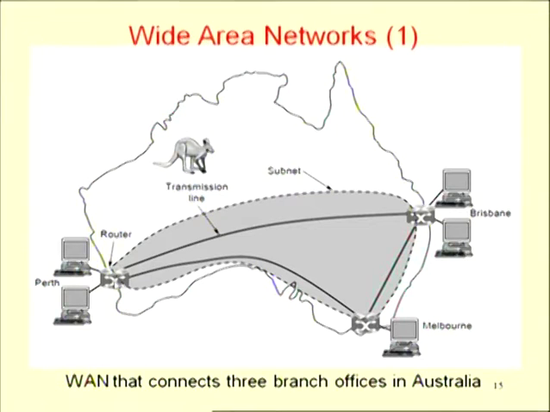You can see a router placed in Perth is connected with Brisbane and Melbourne. These 3 are different cities in Australia. They all are connected together and they are creating a subnet. They are connected with each other using transmission lines.